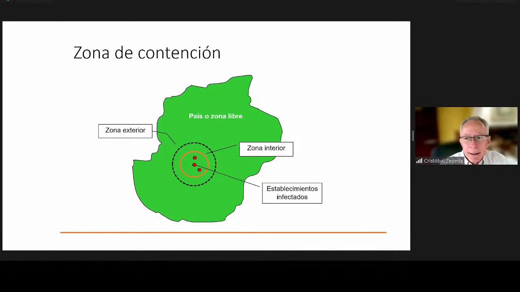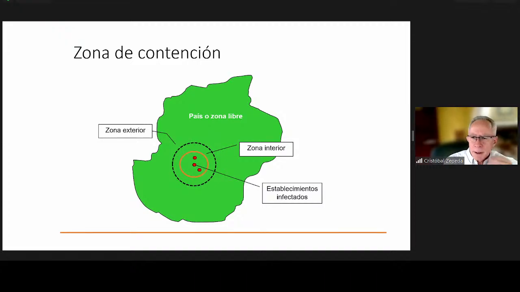But there is also a second option, which establishes that even if a disease or outbreak is not absolutely eradicated or under control, we can establish an inside and an external containment area, and this can all be implemented as containment zones. In the event of an outbreak within the zone recognized as an external area, then the whole country will lose the status, but they can keep on participating in foreign trade.